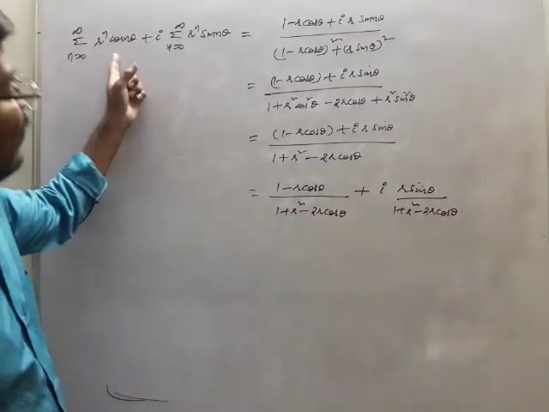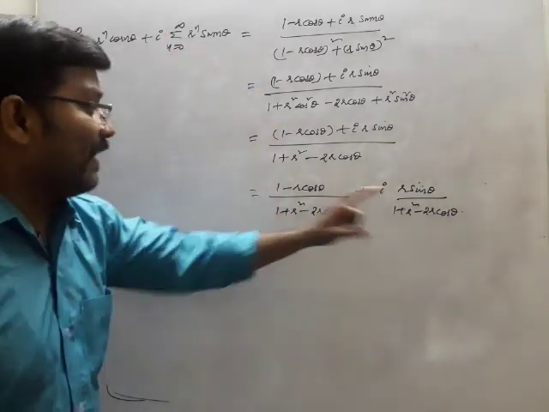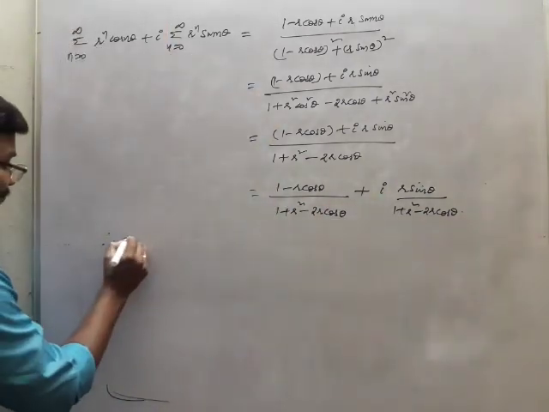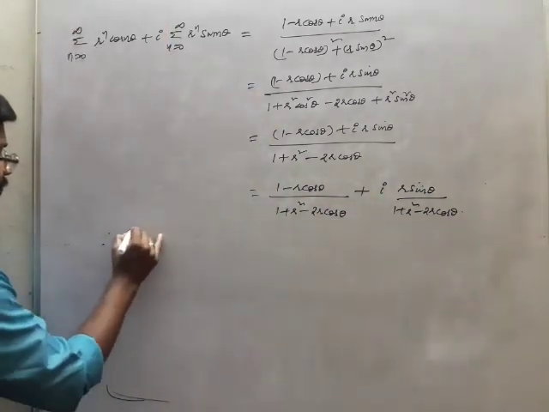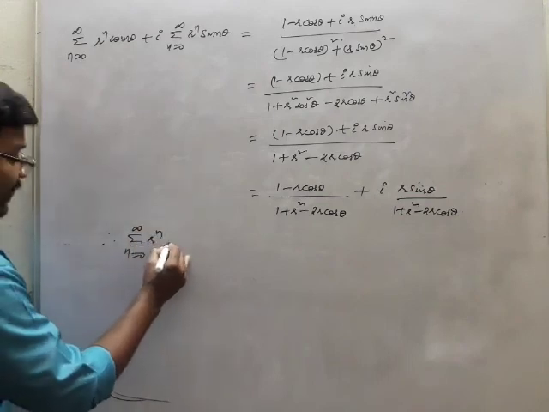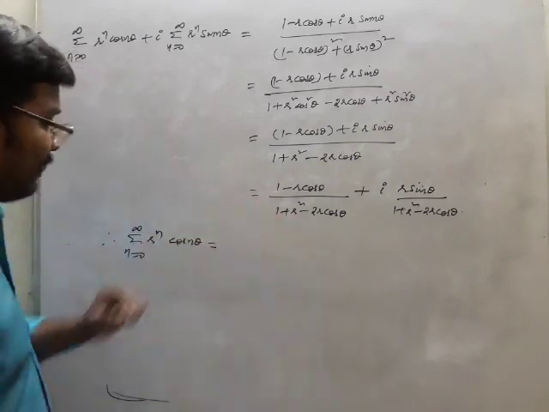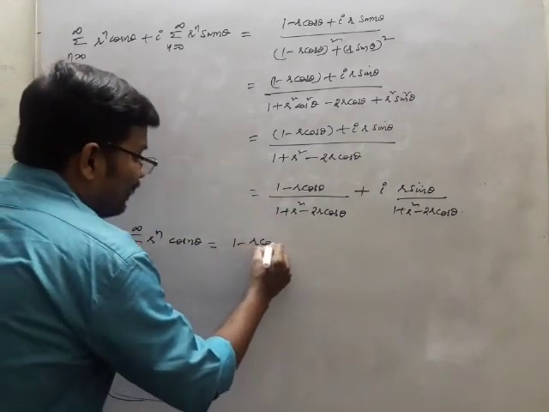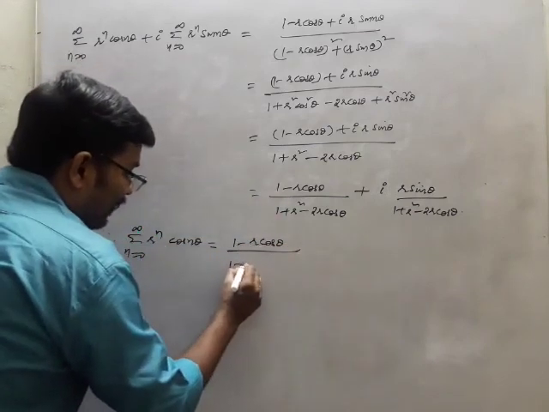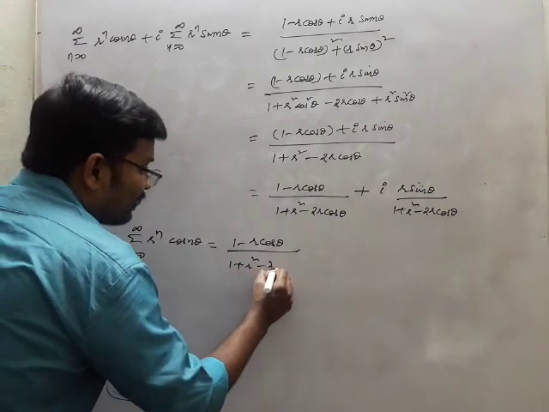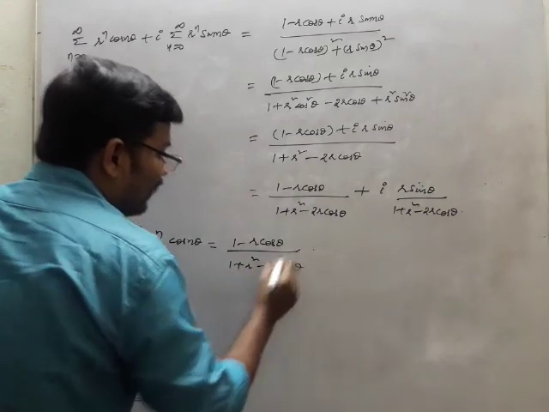So equating the real part and the imaginary part, summation n = 0 to infinity of rⁿ cos nθ is equal to the real part, (1 − r cos θ) by (1 + r² − 2r cos θ). This is one value.